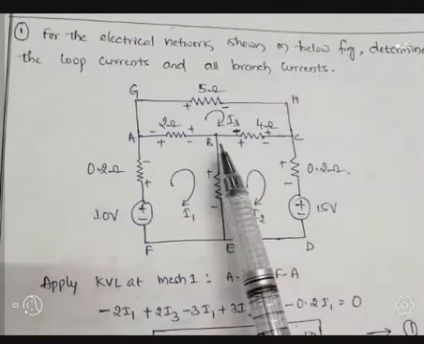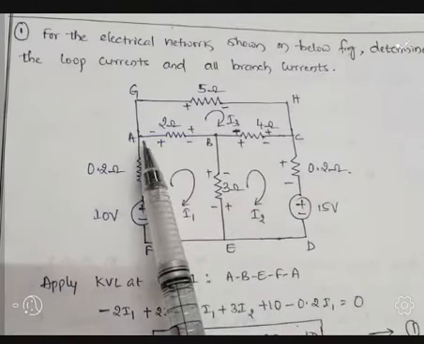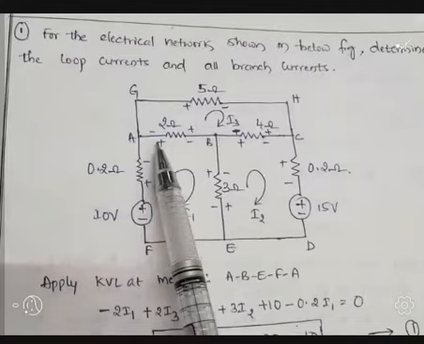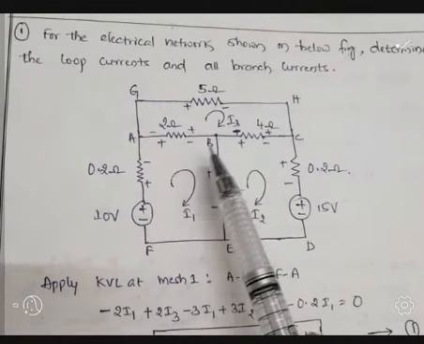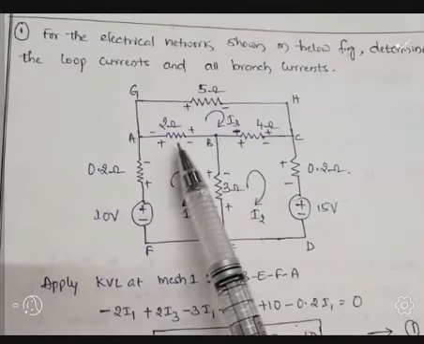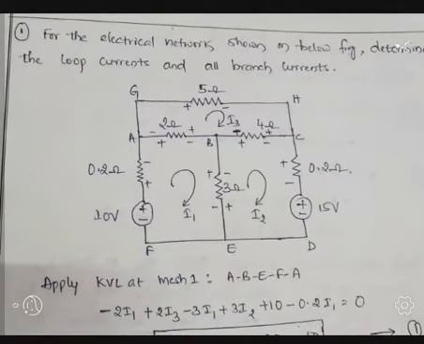With respect to branches, we have to calculate the respective currents. For example, AB is one branch. In this branch, current I1 is flowing and current I3 is also flowing. Likewise, you have to find branch currents. 1, 2, 3, 4, 5, 6. Total 6 branches are there, so we have to find 6 branch currents.